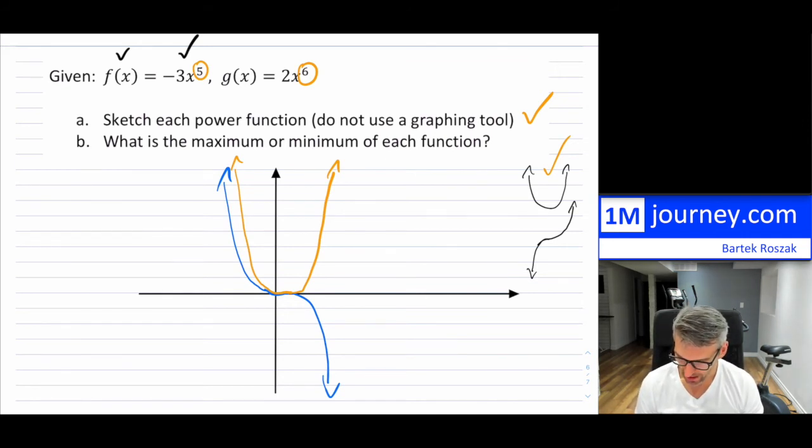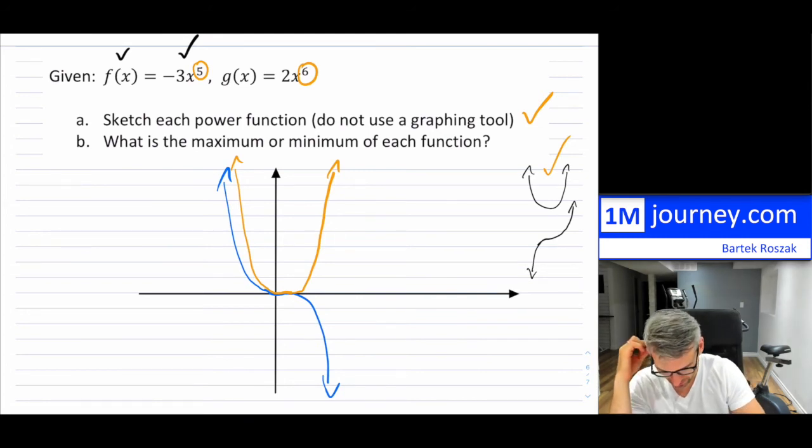Now for part B, what is the maximum or minimum of each function? Well, so f of x doesn't have a maximum or minimum. So that's because it's to the 5th order. But the g of x, it does have, and this one will be at 0. Okay, so it will happen at 0.